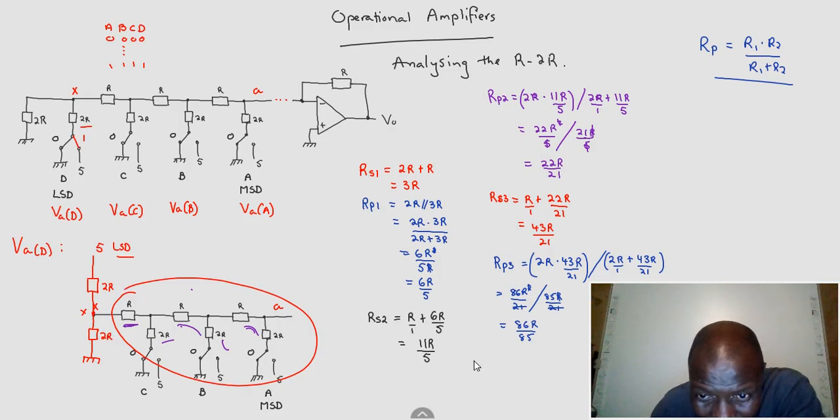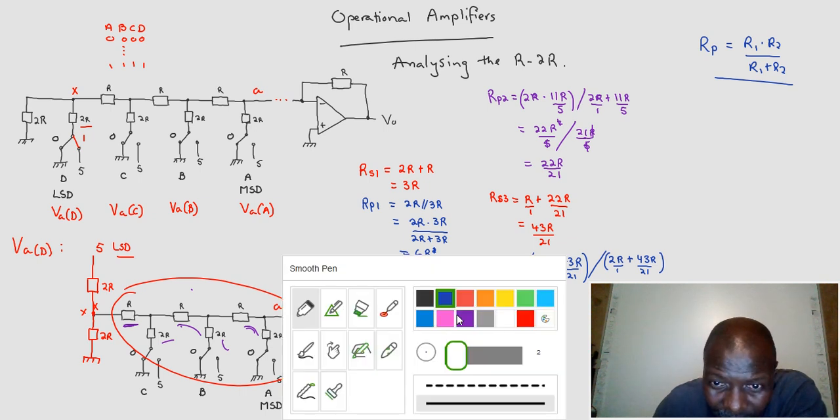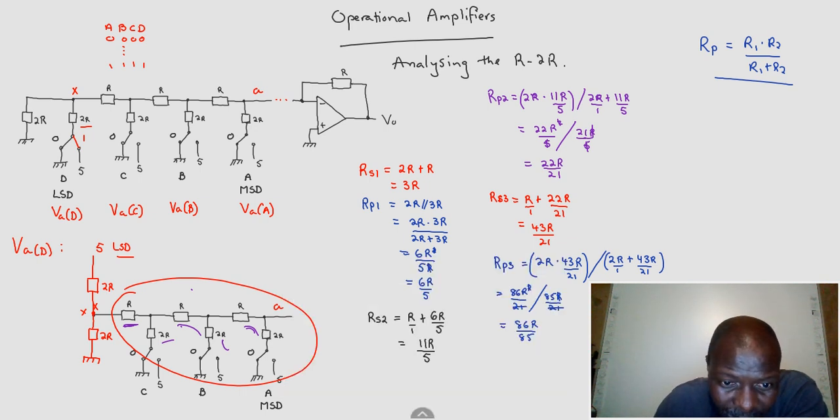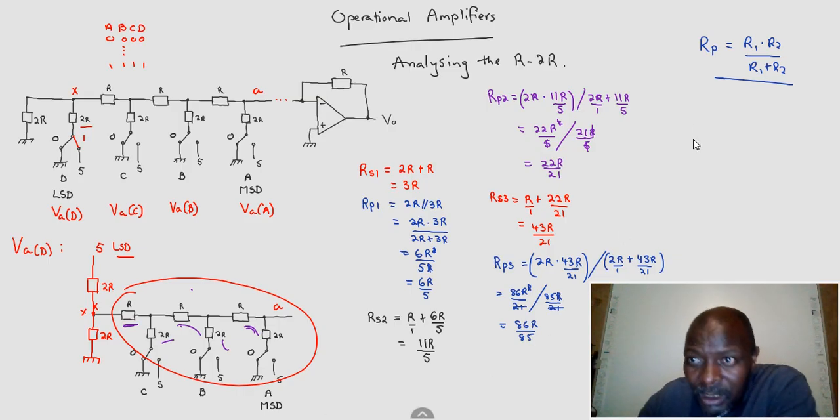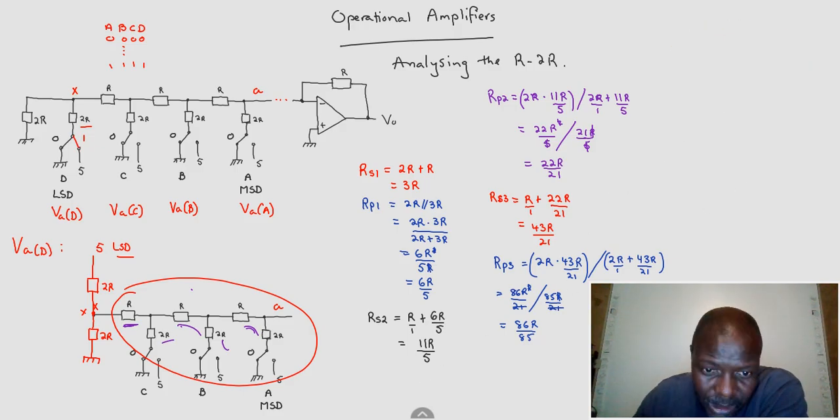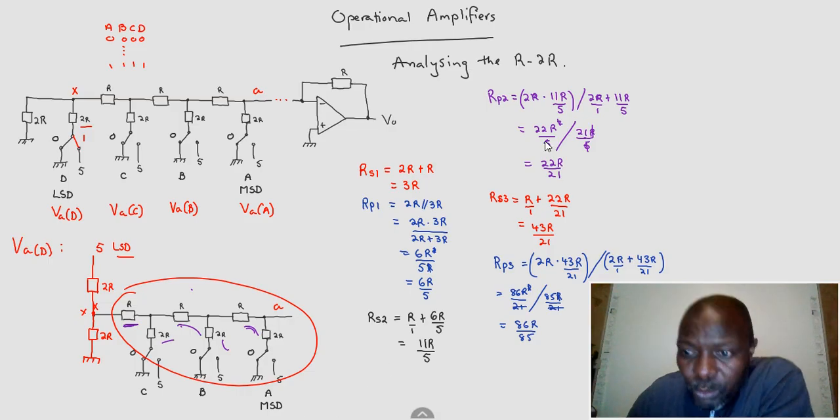So R total now, I'll use a different color for contrast more than anything. Let me remove this. You'll remember that's how we do parallel resistors.